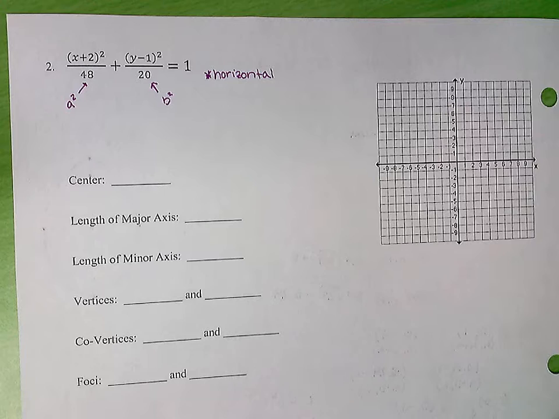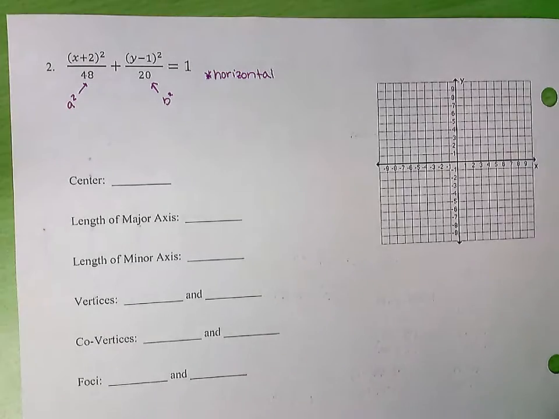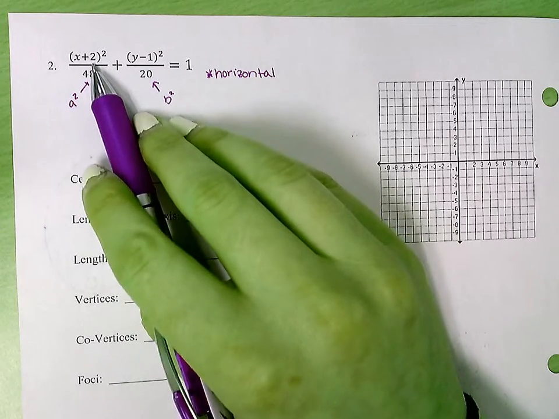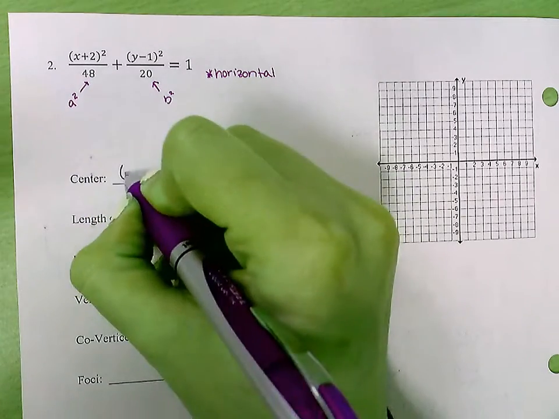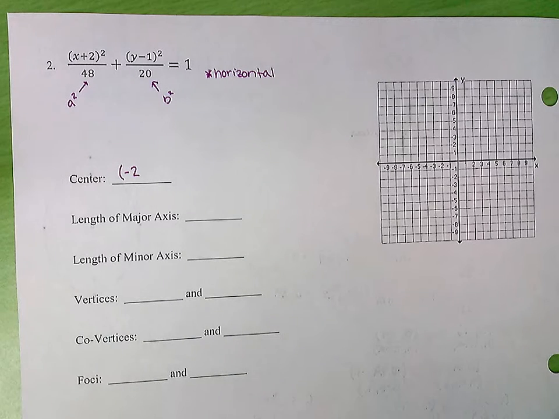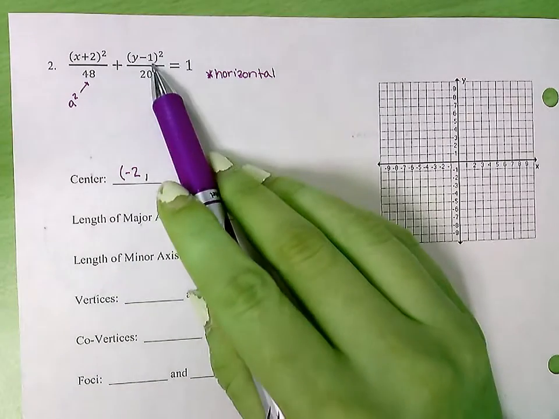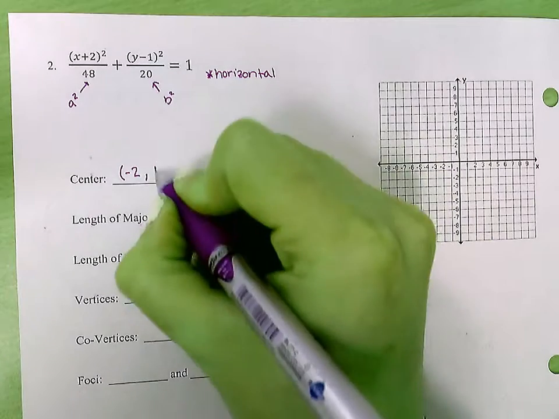Next, I can find my center point. Your h value is with your x, so that would be -2. Your k value is next to y. That's 1.